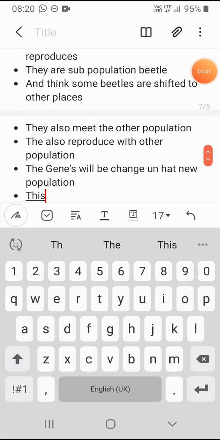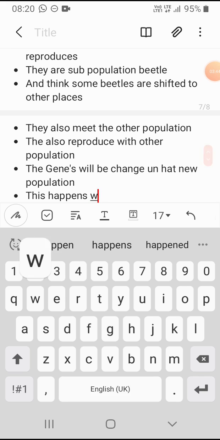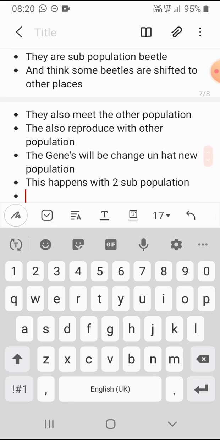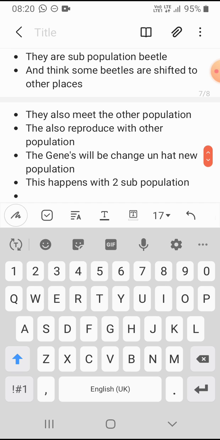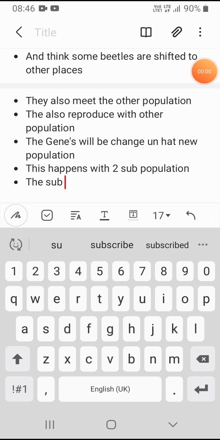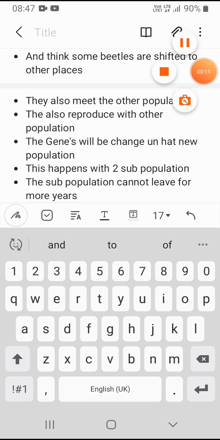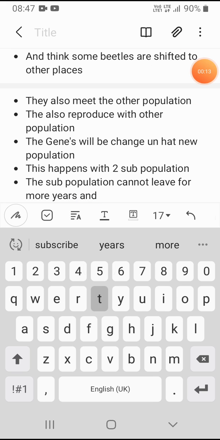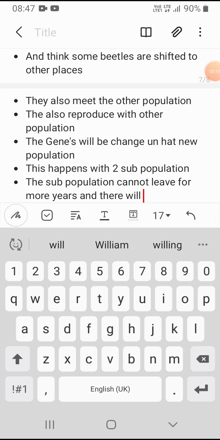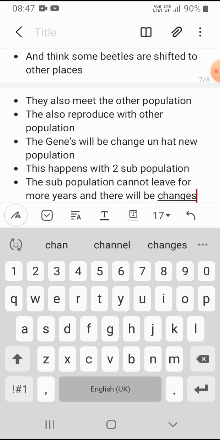This happens with two subpopulations. As I said, subpopulation means beetles from two different places come together. Subpopulation cannot live for many years there without changes in them.